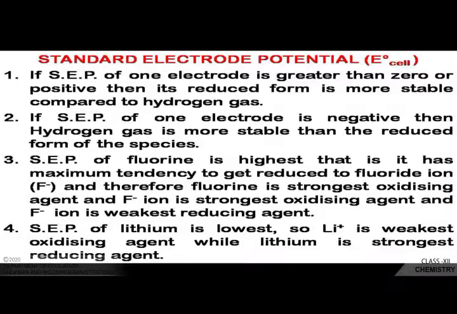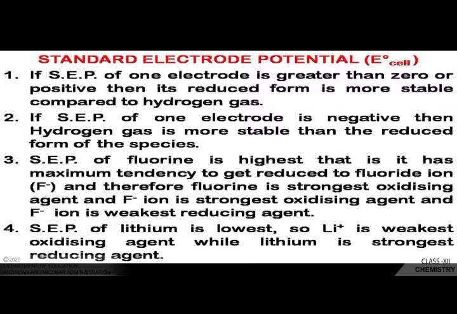Next students, there are some points regarding the standard electrode potential, E cell naught. The first point is, if the standard electrode potential of one electrode is greater than 0, or positive, then its reduced form is more stable compared to the hydrogen gas. If the standard electrode potential is negative, then hydrogen gas is more stable than the reduced form of the species.